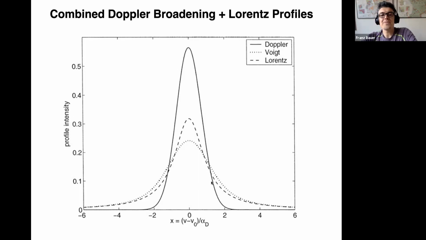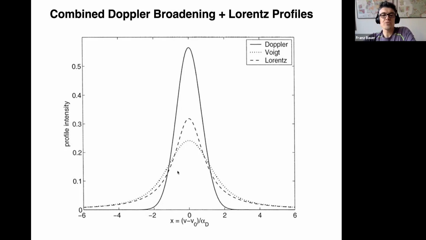To some extent you can guess based on the physics, like what physical objects you're looking at. Given what I know about this thing, I'm probably going to be seeing the Doppler component, or the Lorentz profile. But it's a non-trivial question.